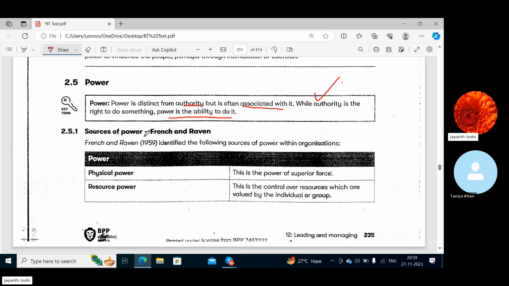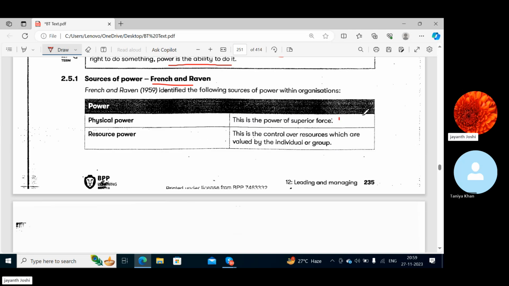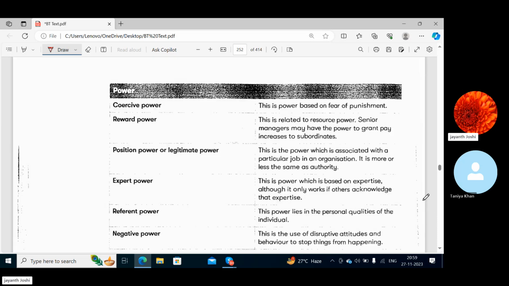So sources of power, French and Raven. Physical power, like superior force, like muscular power. Resource power, that means you can control resources which are valued by the individual or group. Then coercive power, the power based on fear of punishment. Reward power, this is related to resource power. Senior managers may have the power to grant pay increases to subordinates.